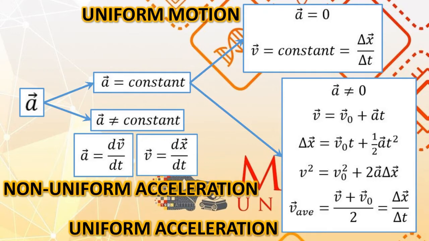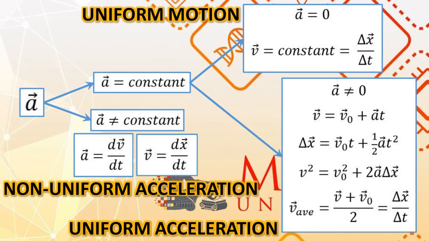The type of motion that an object will experience will depend upon the acceleration of the object. The acceleration of an object may be constant or it may not be constant.